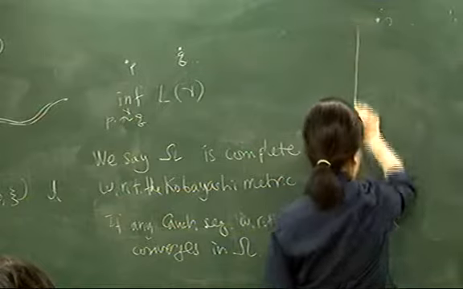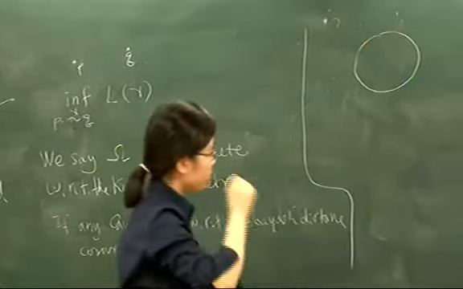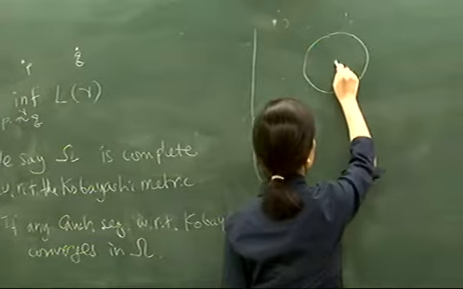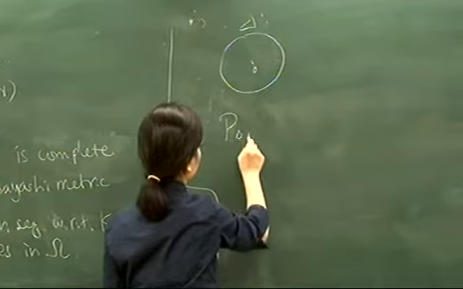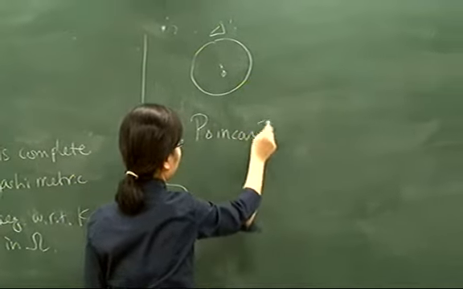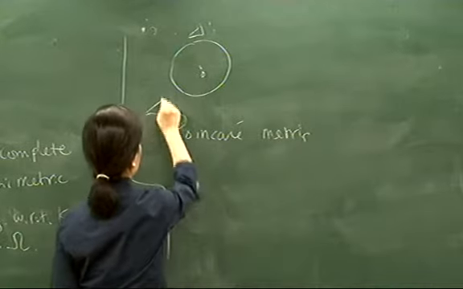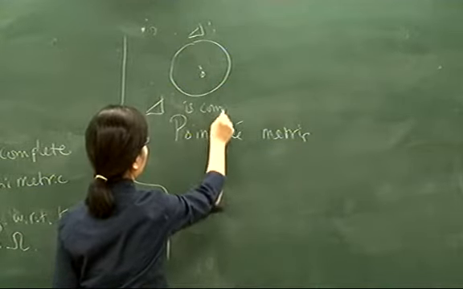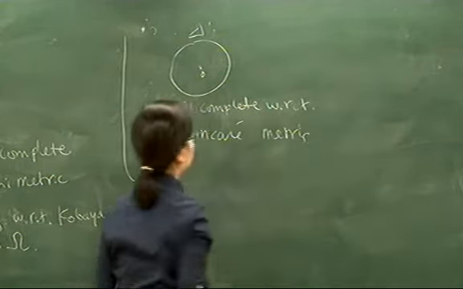So, well, if you look at a unit disk in C, then with the Poincare metric, this unit disk is complete with respect to the Poincare metric.